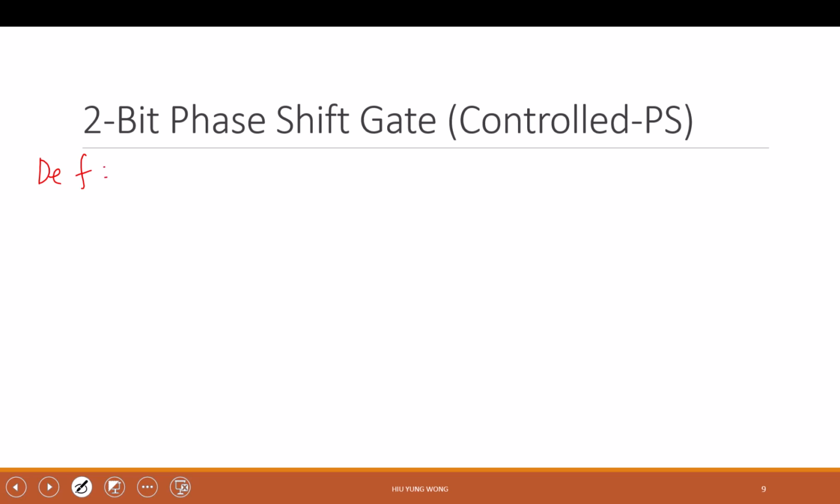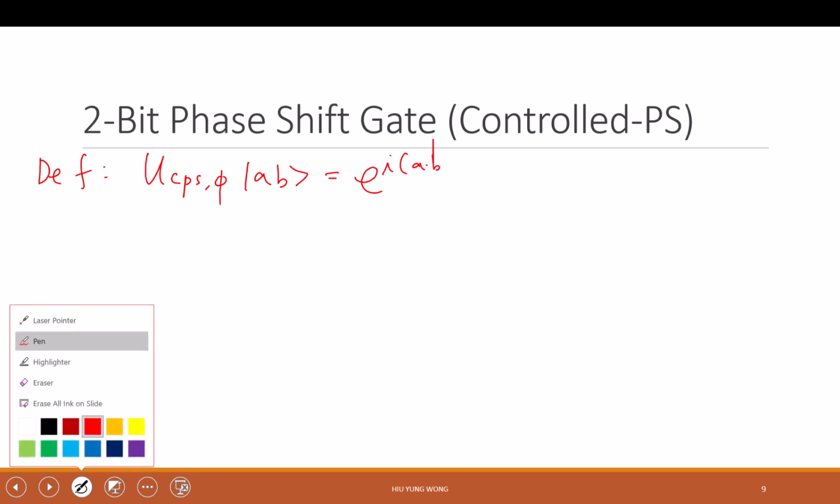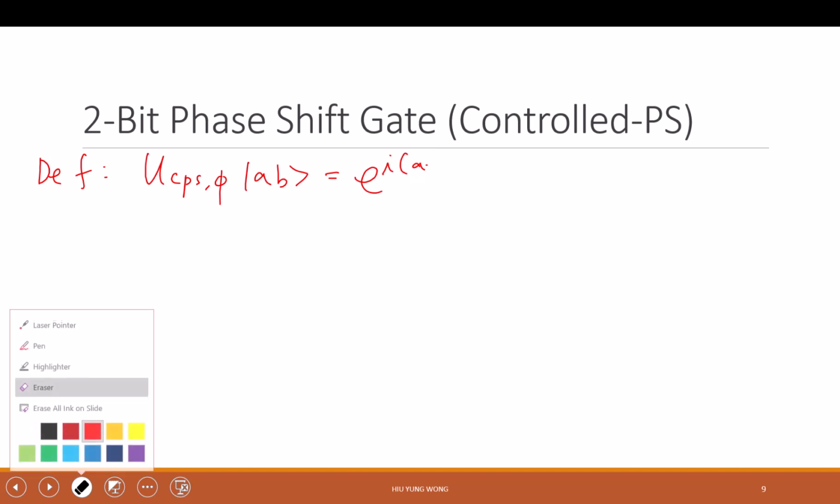Now we try to make it more compact. Control phase shift phi, where phi is a parameter, applied to AB equals e to the power i phi A dot B. This is much more than what you expected, right?